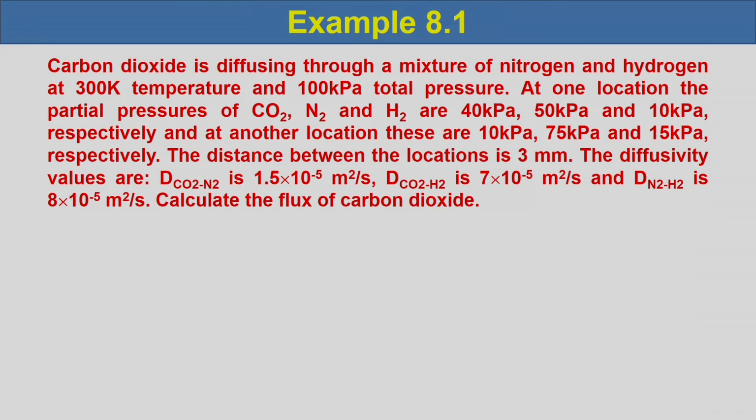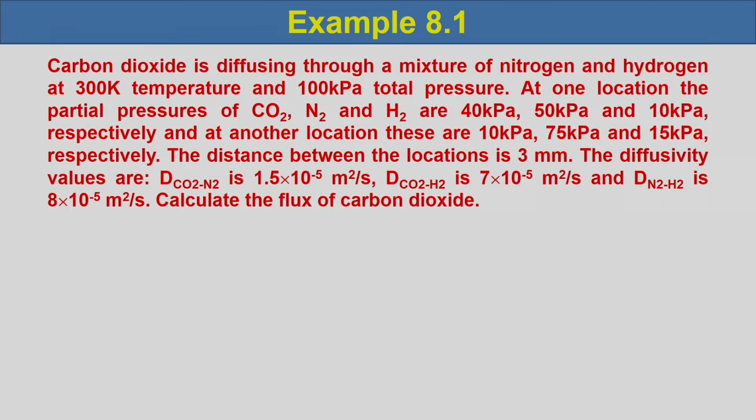The distance between the two locations is 3 millimeter. The diffusivity values are given. D CO2-N2 is 1.5 into 10 to the power minus 5 meter square per second, D CO2-hydrogen is 7 into 10 to the power minus 5 meter square per second, and D nitrogen-hydrogen is 8 into 10 to the power minus 5 meter square per second. Now, calculate the flux of carbon dioxide.